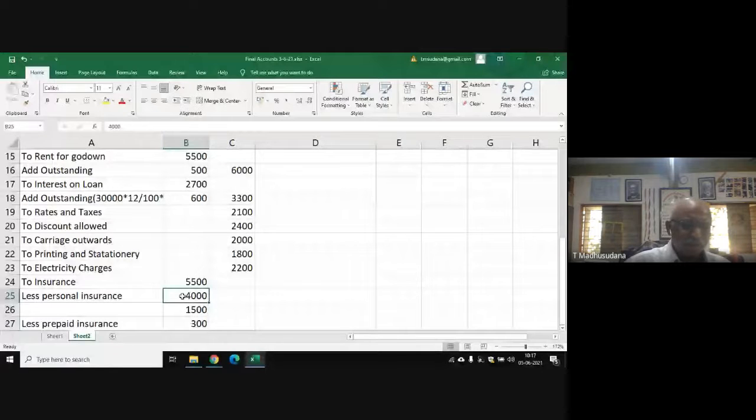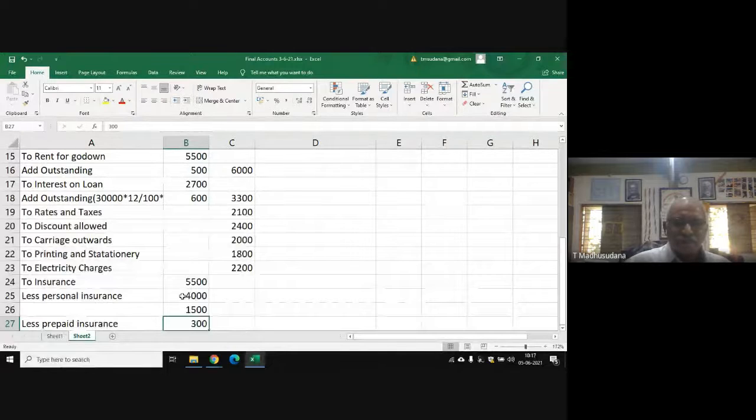And one more adjustment is that the balance of insurance charges covers the period from 1/4/2020 to 30/6/2020. That means it is paid in advance, prepaid for the next 3 months, 4, 5, 6, that means April, May, June. So for 3 months, it is paid in advance. That advance payment is 300 rupees.